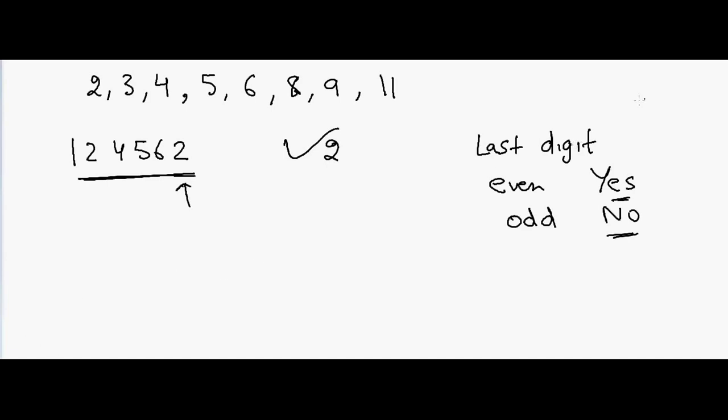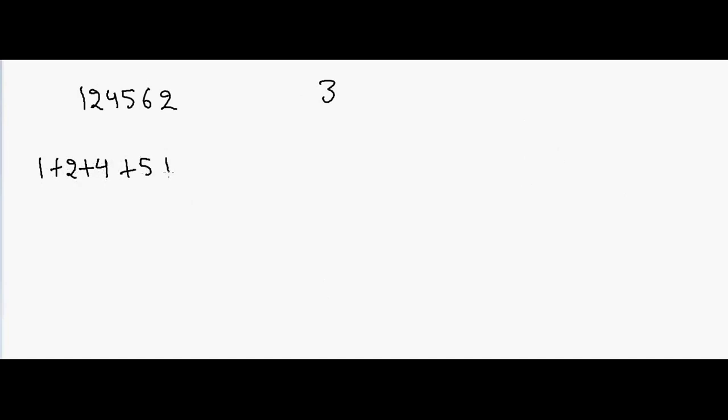Now let's talk about division by 3. So if I have 1, 2, 4, 5, 6, 2 again, and I'm looking whether it's divisible by 3 or not, in that case I'll add all these numbers together. So I'll say 1 plus 2 plus 4 plus 5 plus 6 plus 2, so that will give me 3, plus 4 is 7, plus 11 is 18, plus 2 is 20.